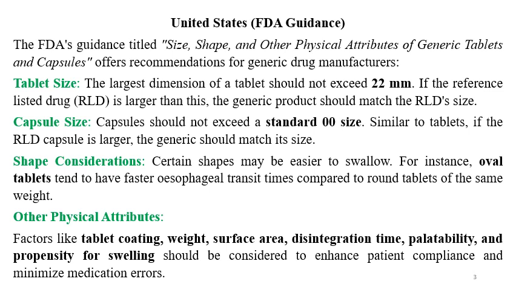The largest dimension of the tablet should not exceed 22 mm. That is the important thing to understand. If the reference listed drug RLD is larger than this, the generic product must match the RLD.